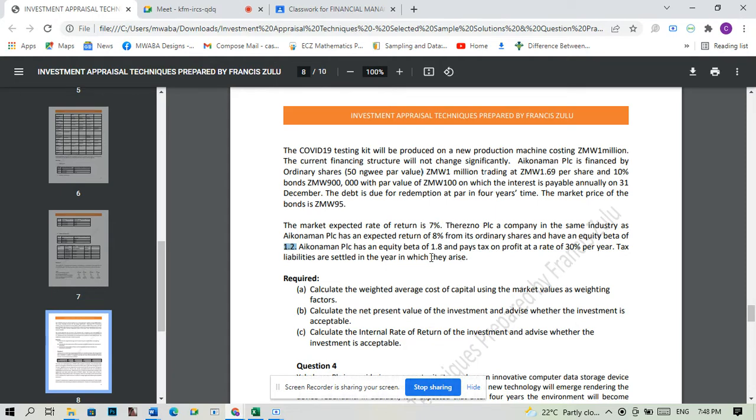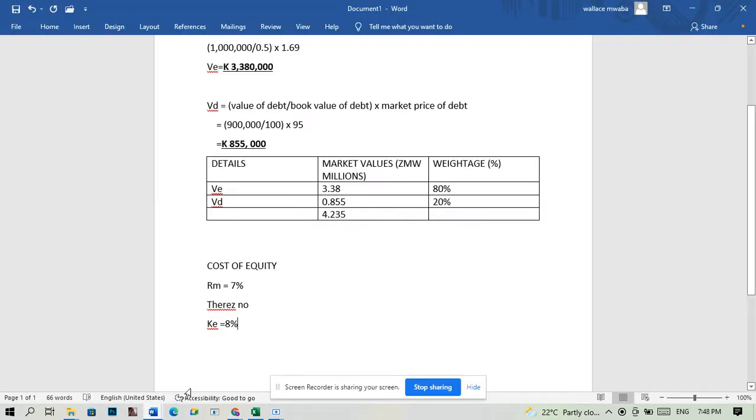So what we're going to do is calculate the risk-free rate using the capital asset pricing model. Once we find the risk-free rate, then we can find the cost of equity for Iconaman.